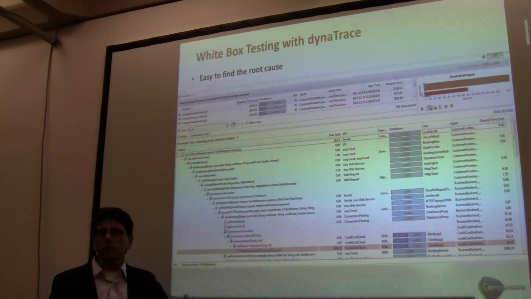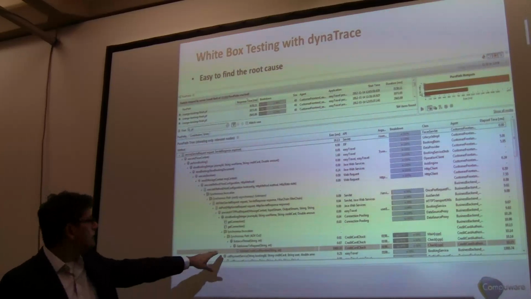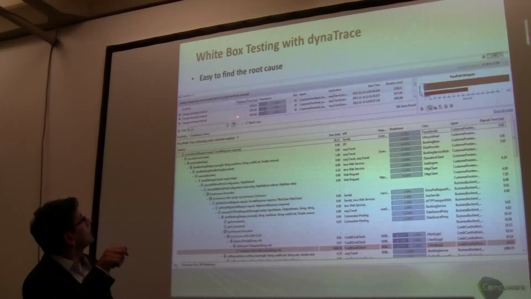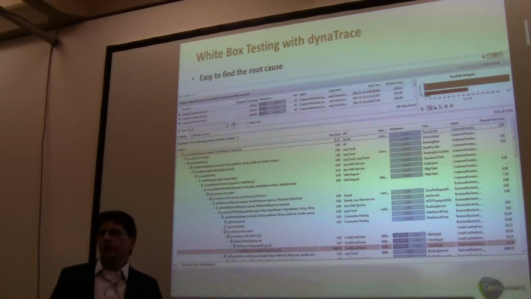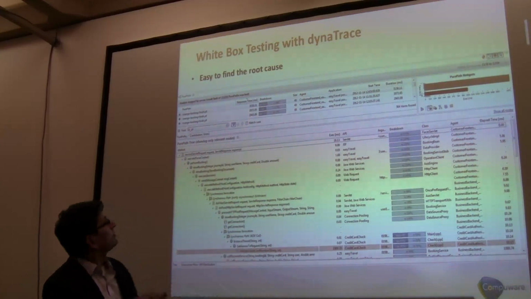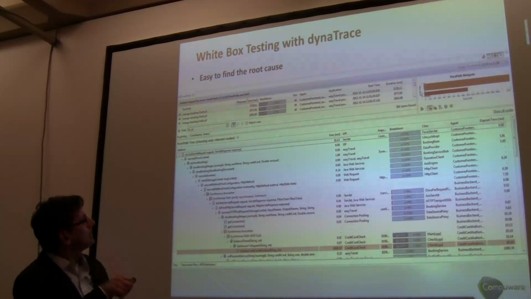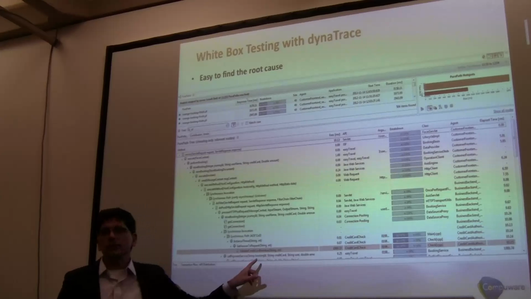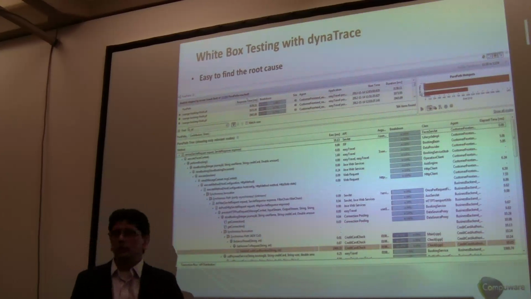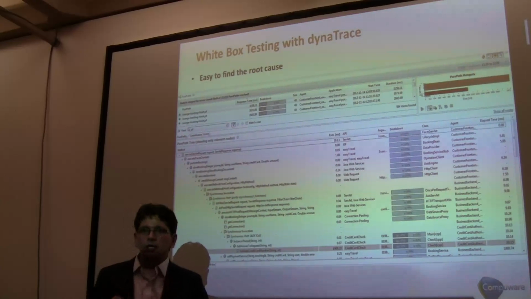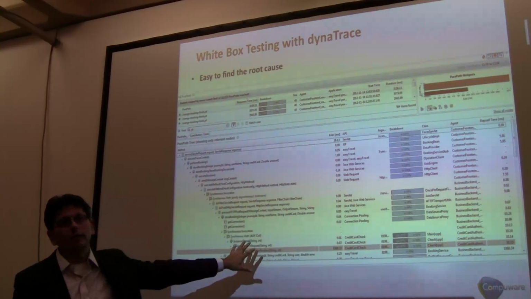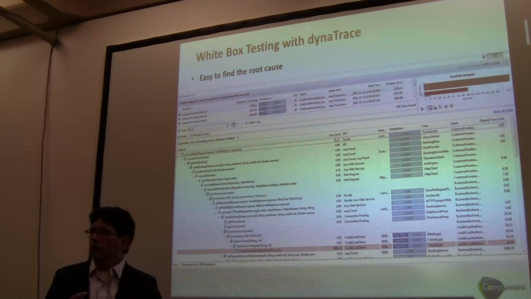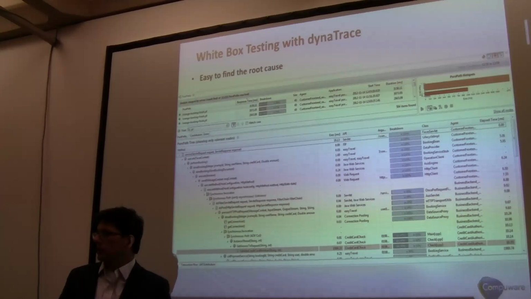If you are more curious, if you have more responsibility to look deeper, you can say, this is one transaction, and these are all the methods that are captured by Dynatrace automatically for you out of the box. And here, I know that out of the 3 seconds, 2 seconds are taken in this method alone. So if you are doing more real white box testing and more than just load testing, you have all the data at your fingertips. It's up to your choice how detailed or how high level you want to stay.